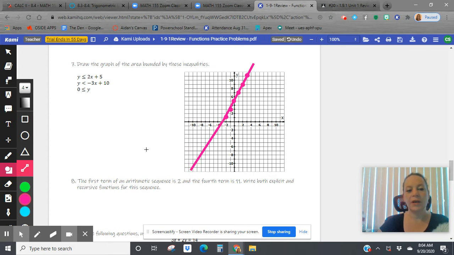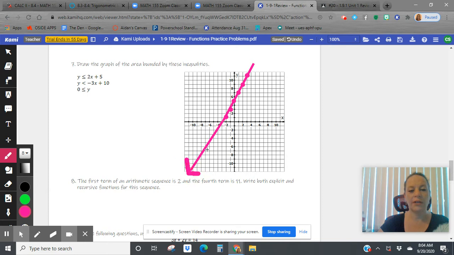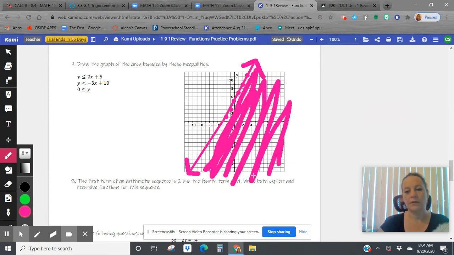Now, this is a solid line because y is less than or equal. Since it has the solid line, it includes all the point values on that line. So our solid line is now going to have shading of less than, or everything underneath that graph.